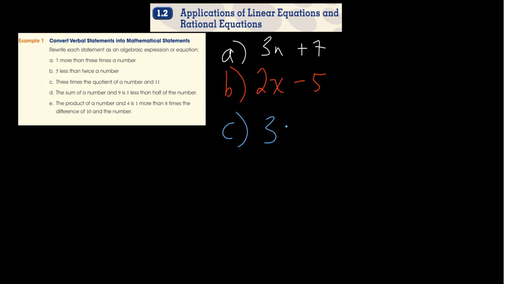So quotient means division, so it's the quotient of some number and 11. So what does that mean? So that means we're going to use n again for some number and 11. Or equivalently rather, we can say 3n over 11.